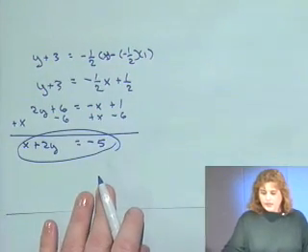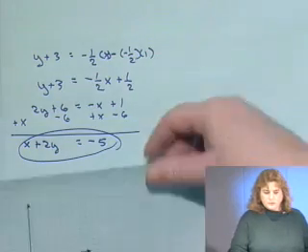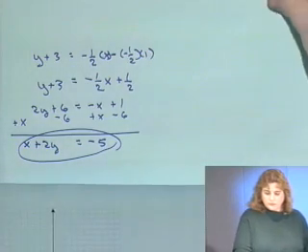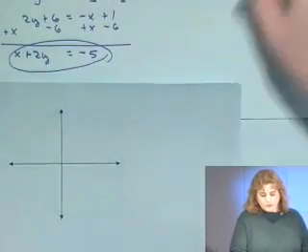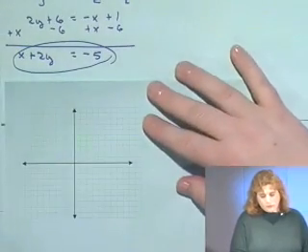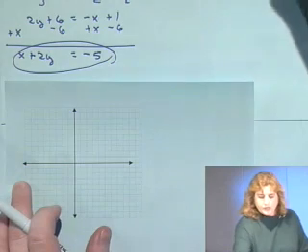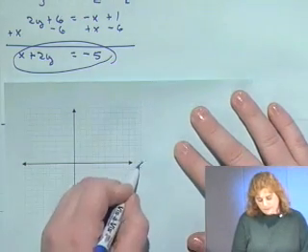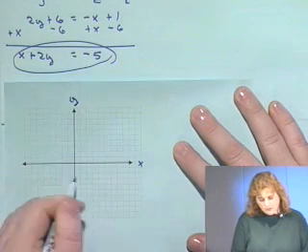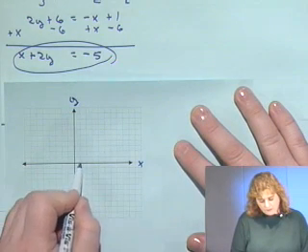And let's look again at graphing both of those lines. We'll start with x plus 2y equals negative 5. We know that that has the point 1, negative 3.